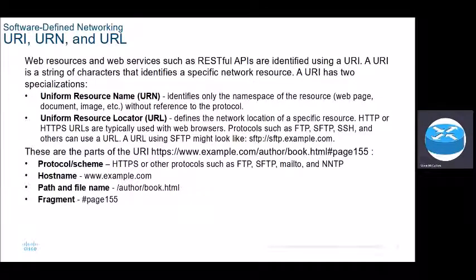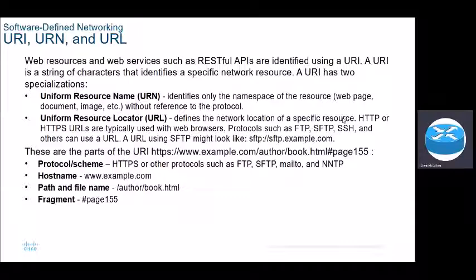Web resources and web services such as RESTful APIs are identified using a URI. A URI is a string of characters that identifies a specific network resource. A URI has 2 specializations: a URN, which is the uniform resource name, or a URL, which is the uniform resource locator. Basically the major difference between the two is that the URL has the protocol extra, much like you have HTTP in your web browser.